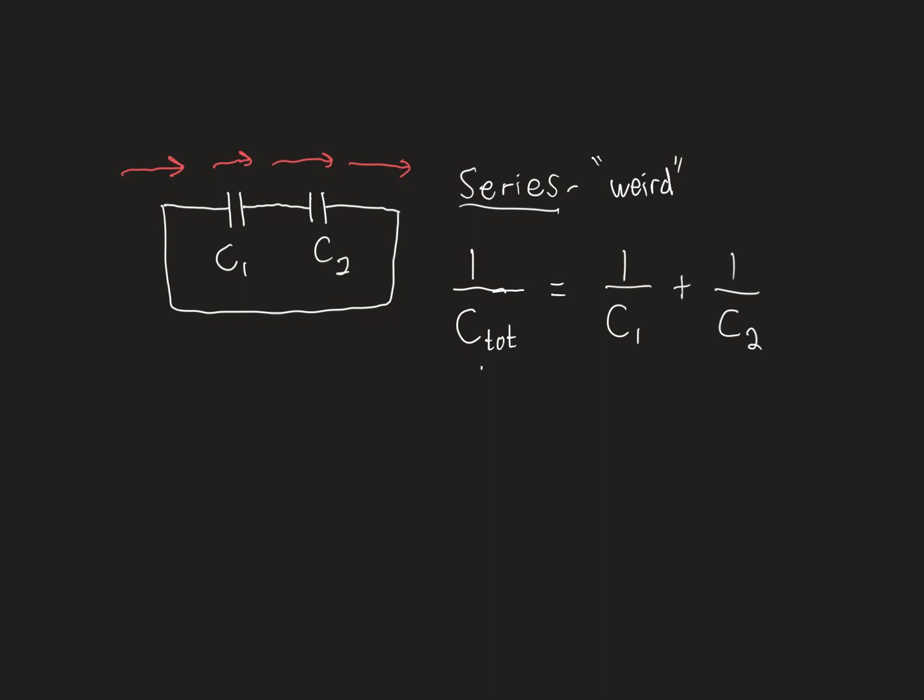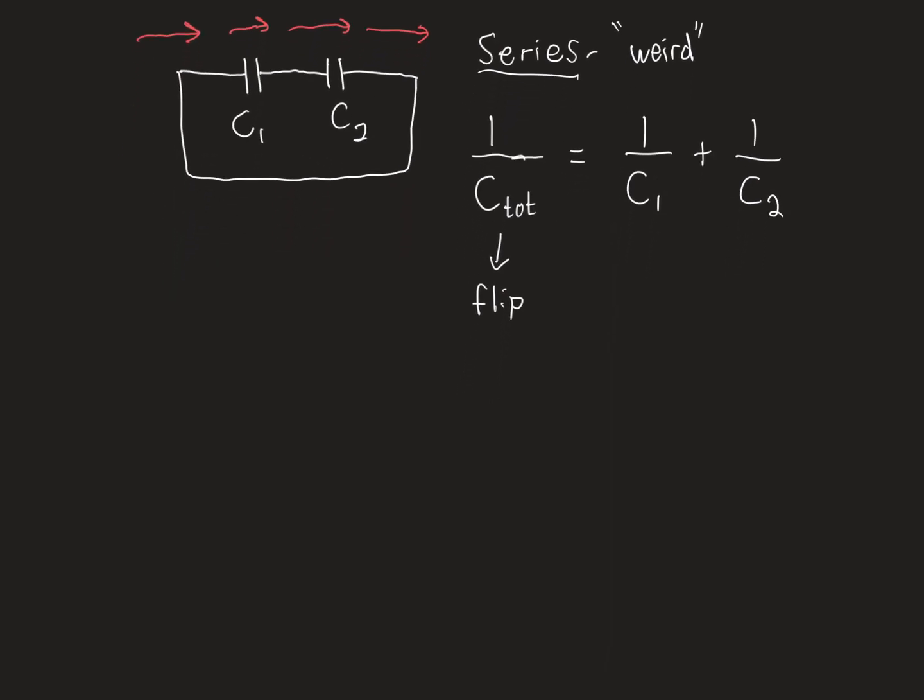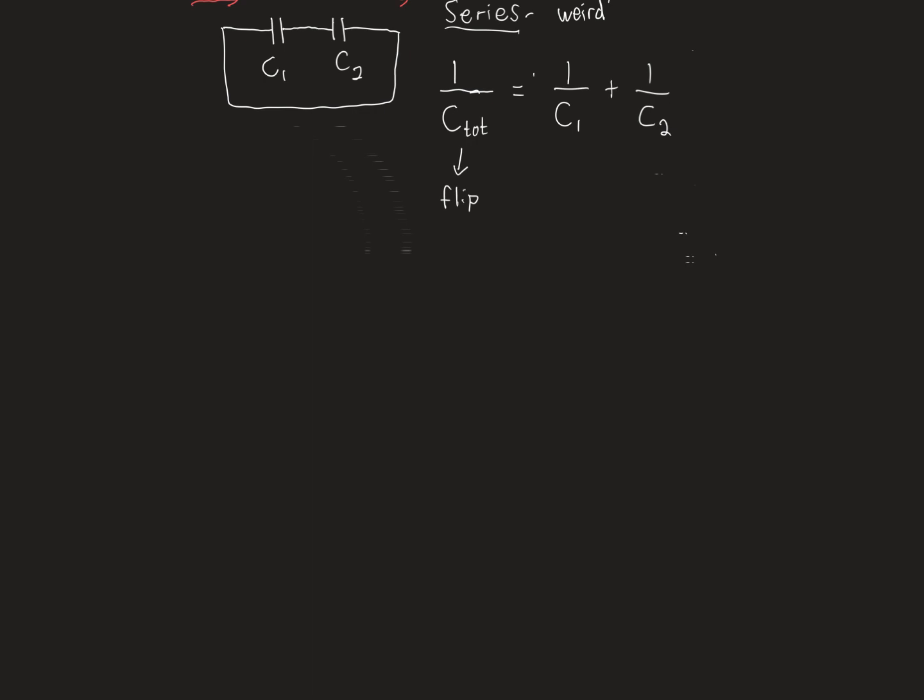So I also remember that when finding C total of something in series, I need to flip it. That's different than capacitors that are connected in parallel. In parallel, it looks something like this. This circuit is different than series.